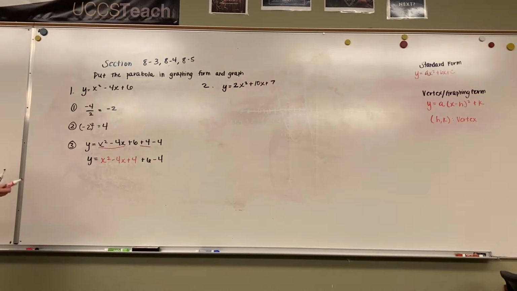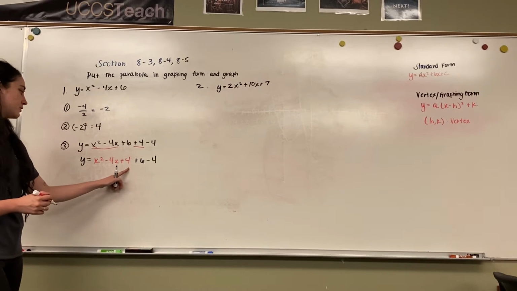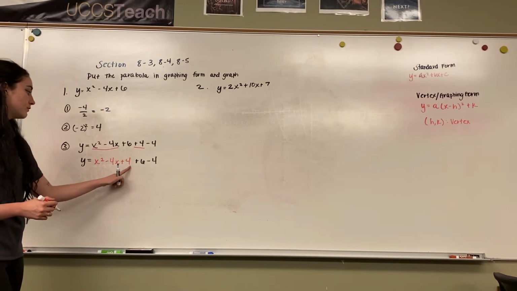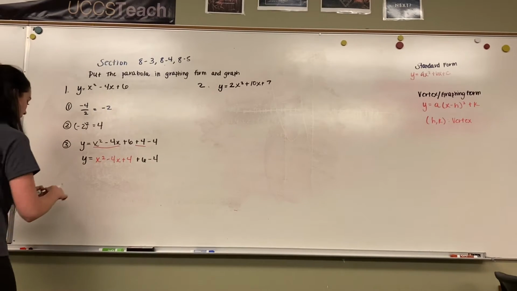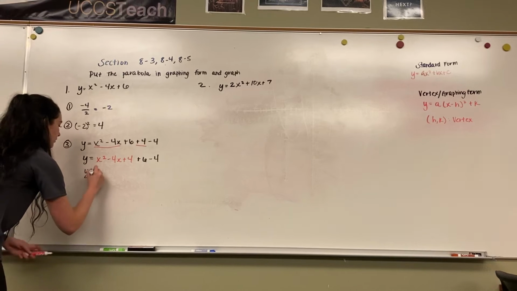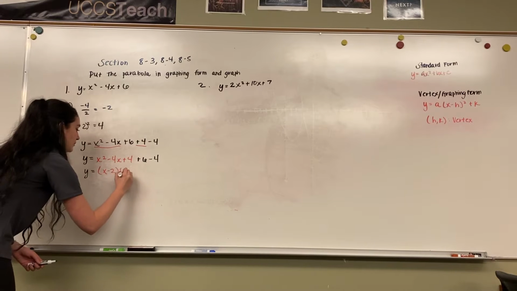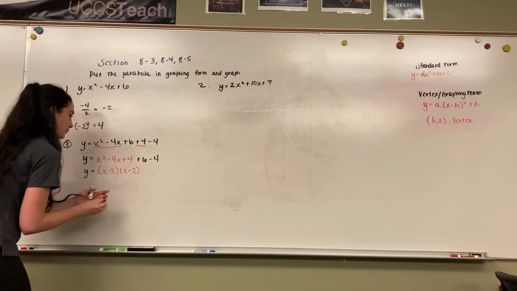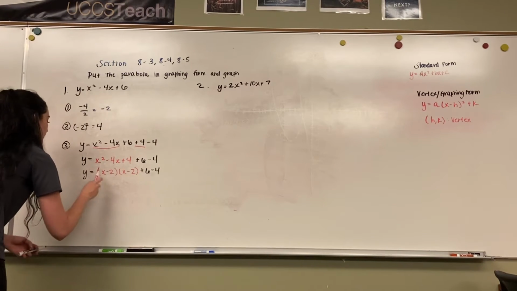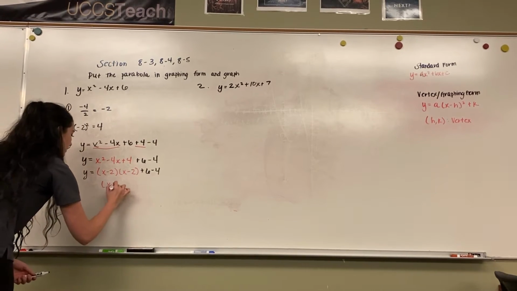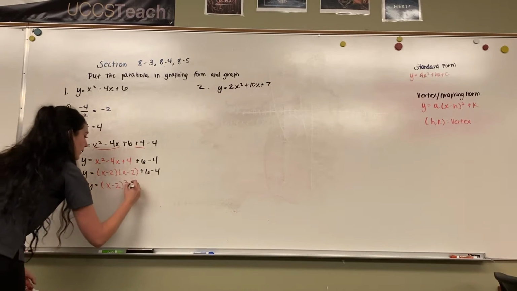Okay, so if we were to factor this, we would get x minus 2 times x minus 2, because -2 times -2 is 4, and -2 plus -2 is -4. So I'm going to write that as y equals, so the factors were x minus 2 times x minus 2 plus 6 minus 4. Now, this is a perfect square, so we get x minus 2 squared plus 6 minus 4.